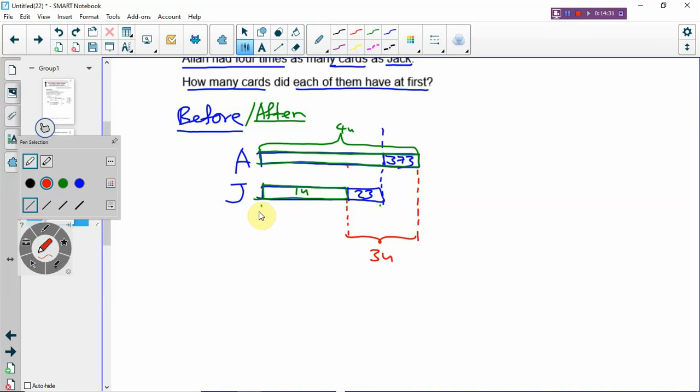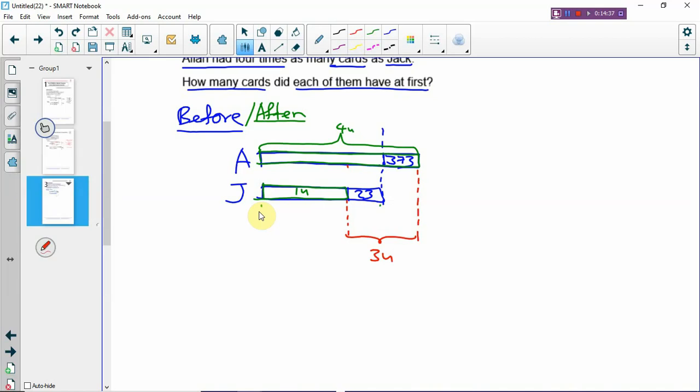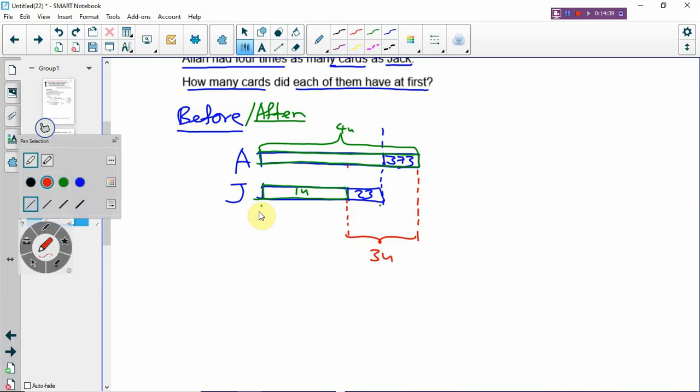Of course it doesn't look proportional, your 1 unit is longer than 3 units, but it doesn't matter because you have already labeled. Then your 3 units is equal to how many? If I cut here, this is your 23. So 3 units is equal to 23 plus 373.